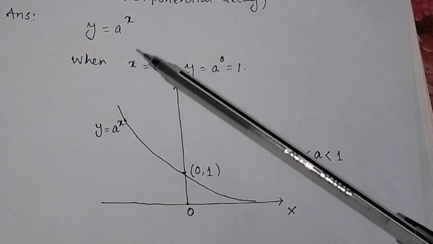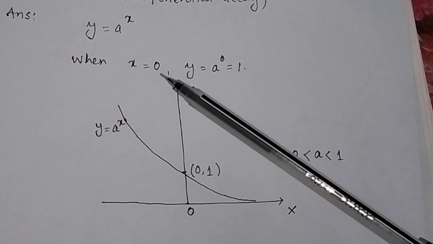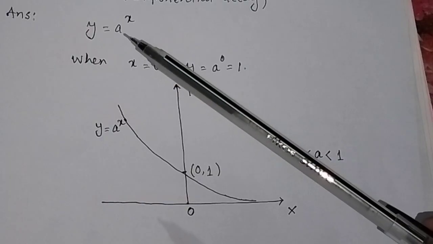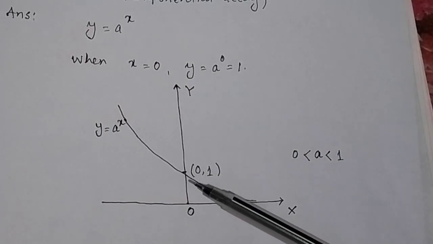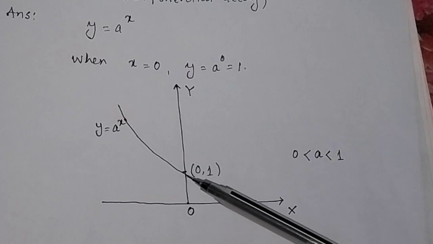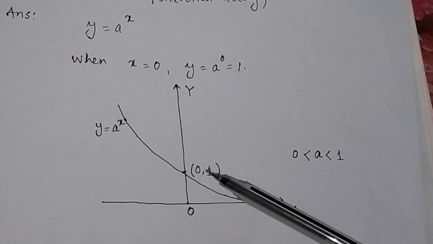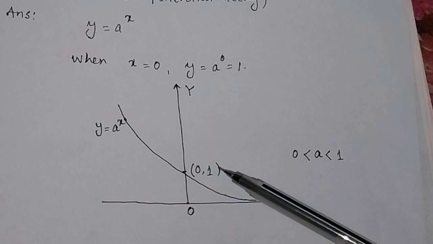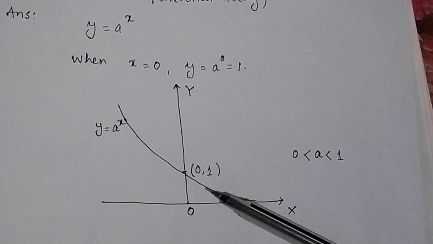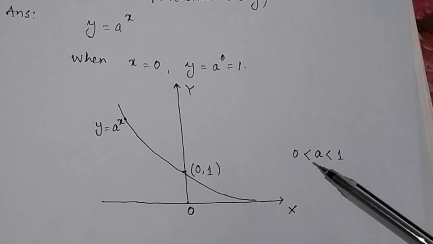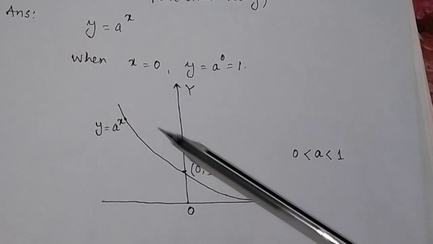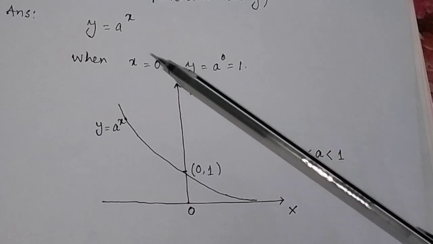Okay, y equal to a to the power x, so x equal to 0 means y will be equal to a to the power 0, which will be equal to 1, so you will get this point. Here x value is equal to 0 and y value is equal to 1, so the coordinate is (0, 1). And you see, when the value of x increases, what will be the nature of the curve, and when it decreases, what will be the nature of the curve?